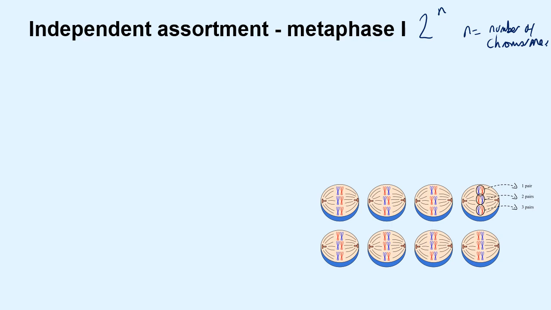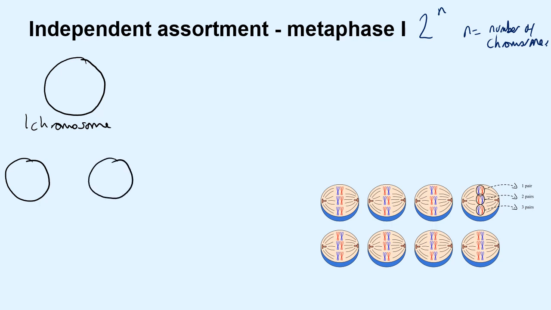And bear with me with my epic drawing skills. If we have a cell, there we go, that's a cell, so far so good. This cell has one chromosome, so it's very small, one chromosome only, and we are going to draw this one chromosome.